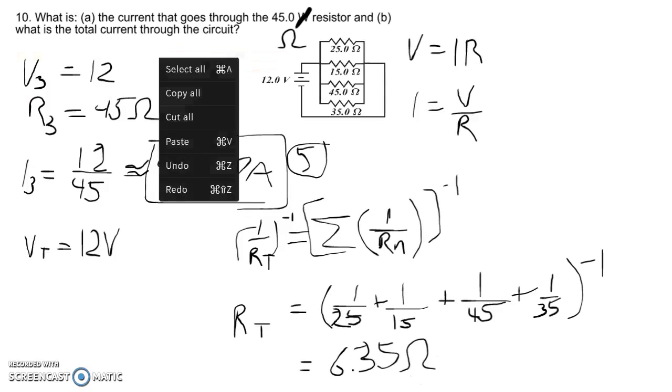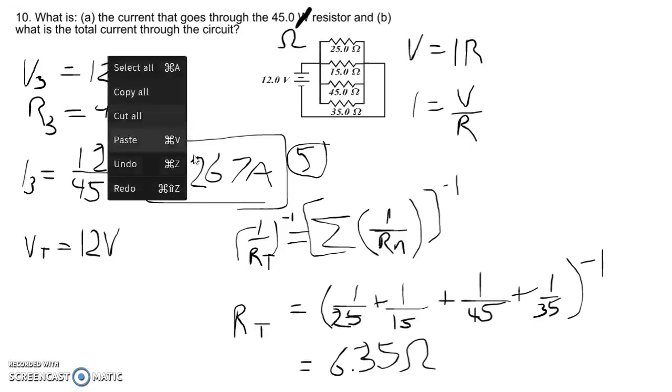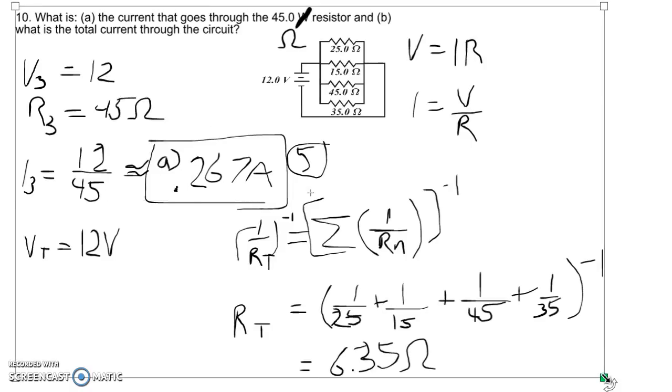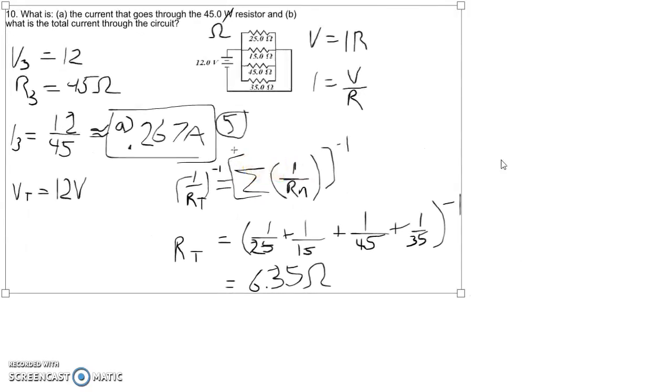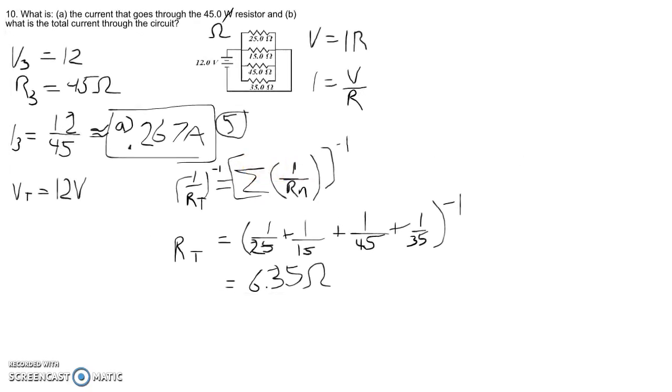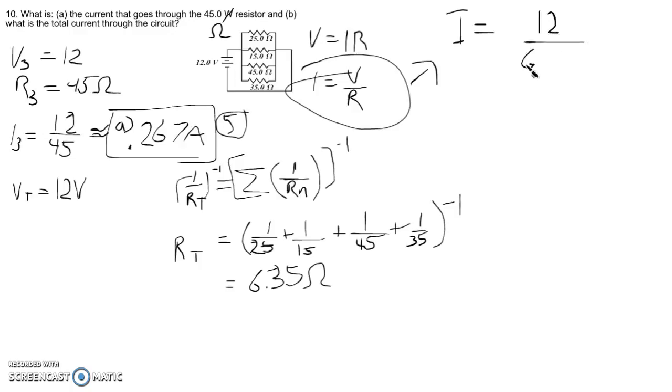Okay, let's just make everything a bit smaller. Okay, so now that we're given that, we can use our wonderful formula over here and say I equals 12 over around 6.35.